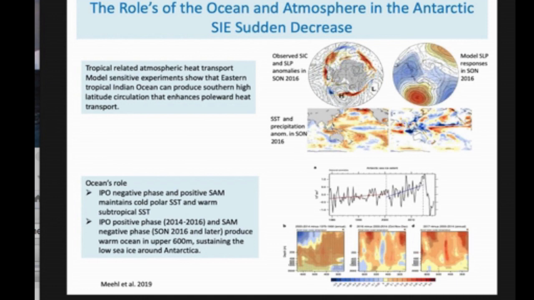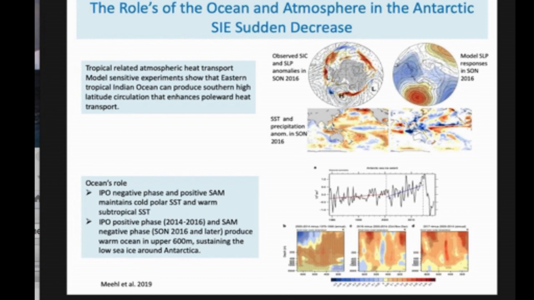And when they suddenly changed in 2014, the PDO changed to the positive phase. This whole thing prepared the subsurface water to come to the subsurface in the polar region, but it cannot push the cold water in the surface, so you get this surface water generating more ice.